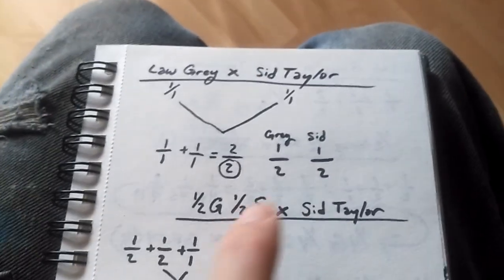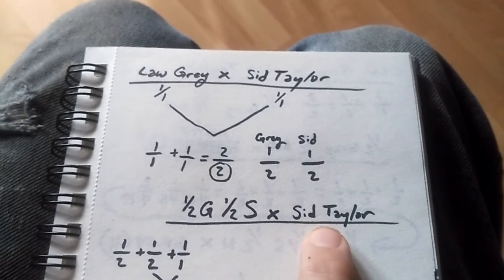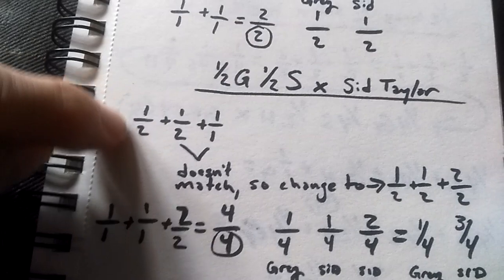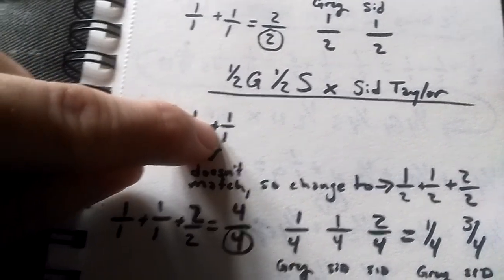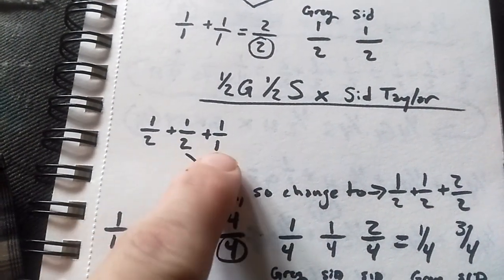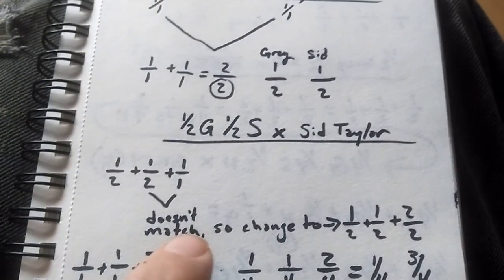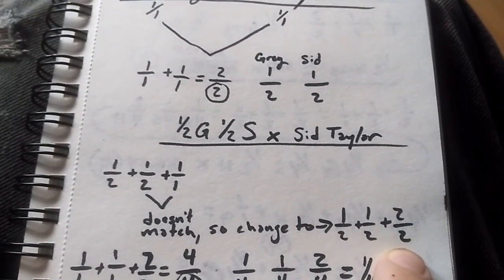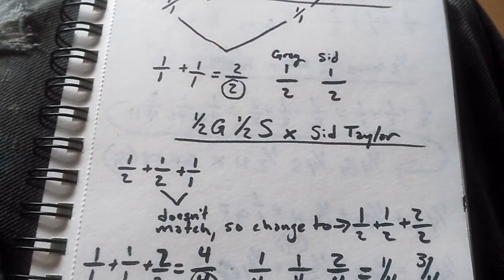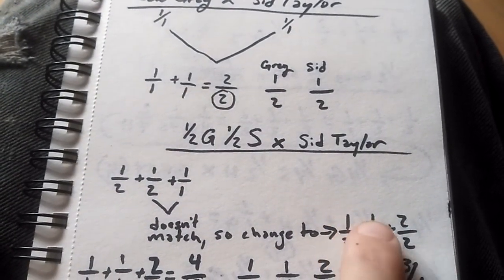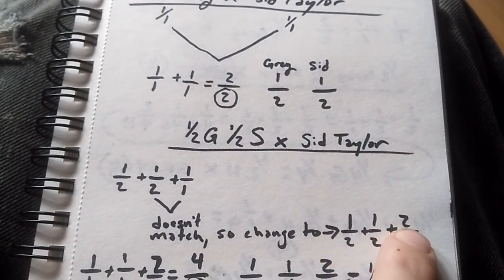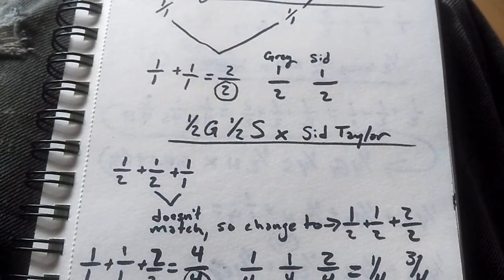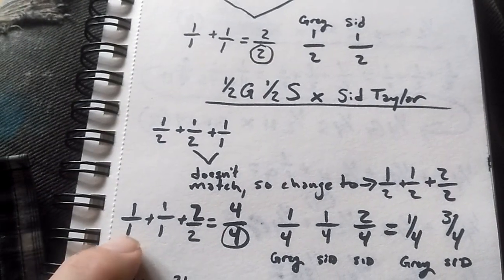Now we're going to take your half and half and breed it back to the Sid Taylor side. So we're going to go half and half plus a 1 over 1, and you can see these two numbers don't match. So then we got to change it so they match. So you've got a half and half and a 2 over 2. Okay? So now you add up your top numbers here. So it's 4. So that tells you that your bottom number needs to be 4, because at the end you want the bird to be 4 over 4, like this.